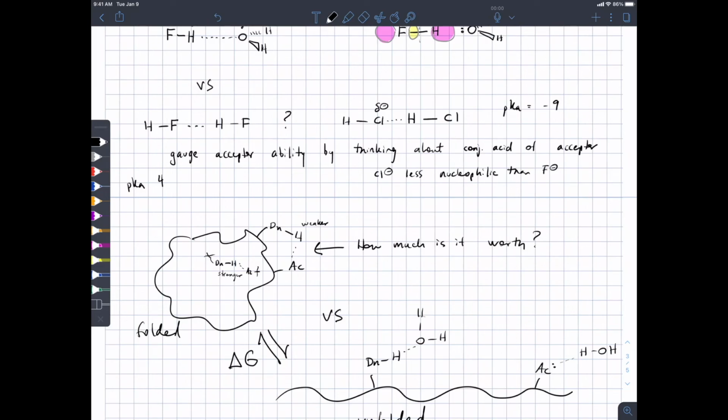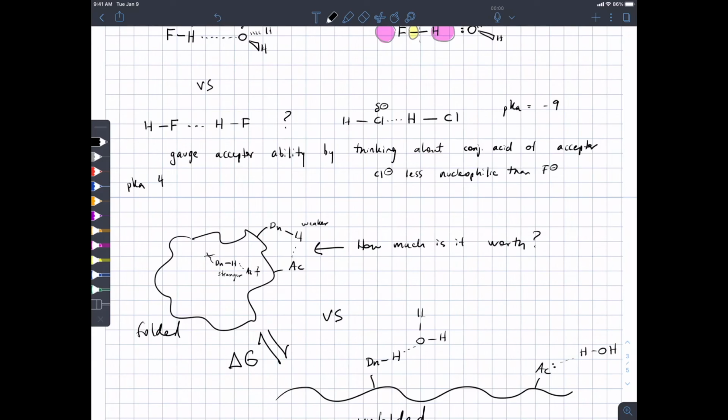So you'd predict it would be not quite as good an electron donor, not quite as good a hydrogen bond acceptor. Thankfully, everything you've learned about nucleophilicity and basicity, how reactive this lone pair of electrons is, translates directly into hydrogen bonding.